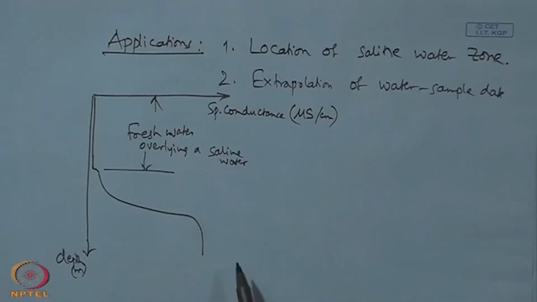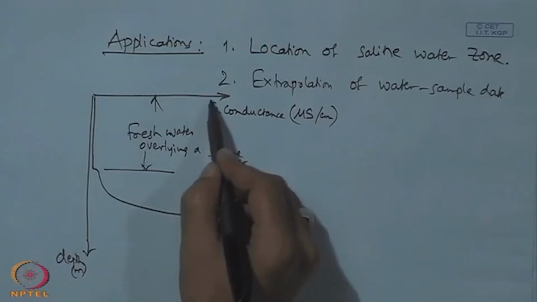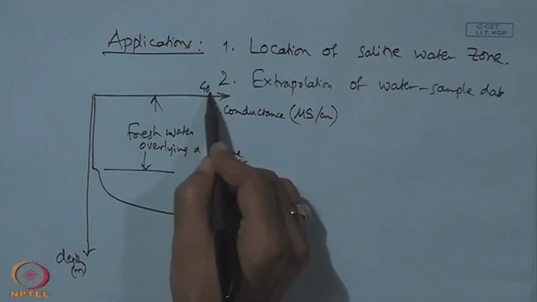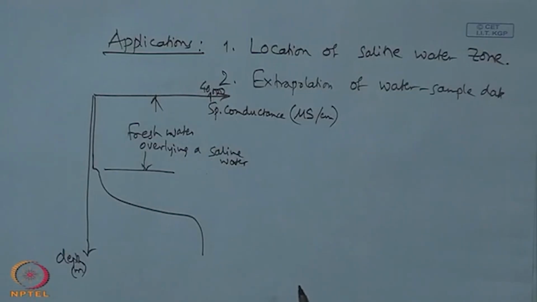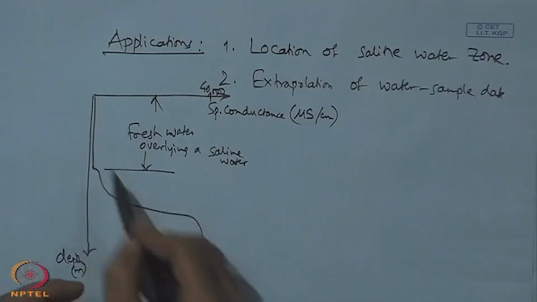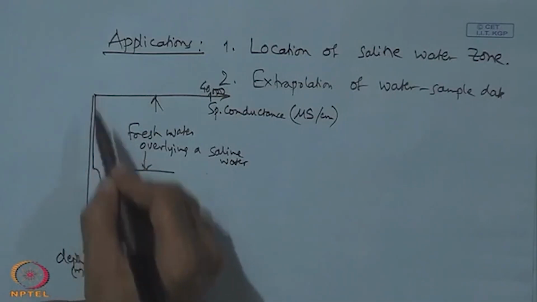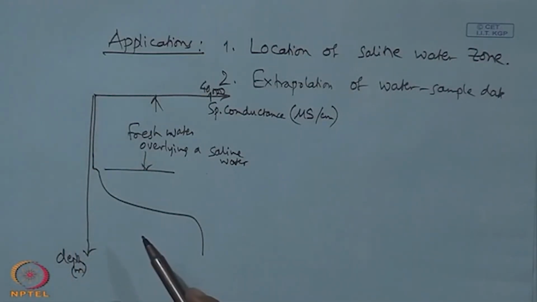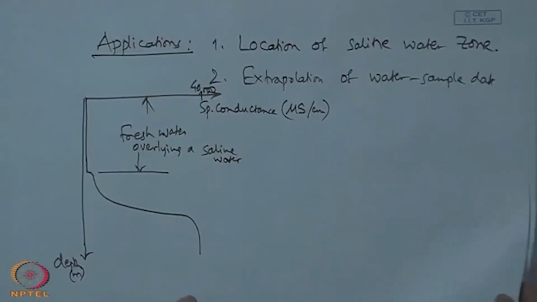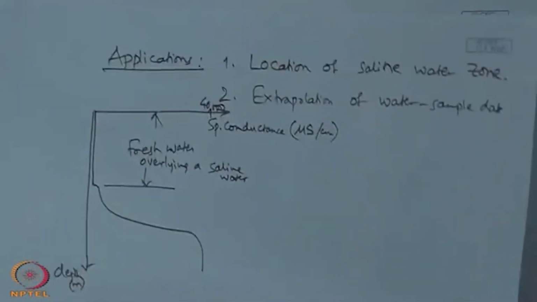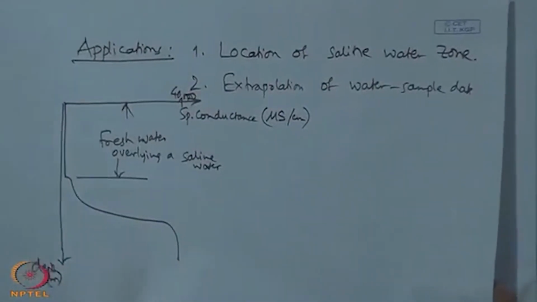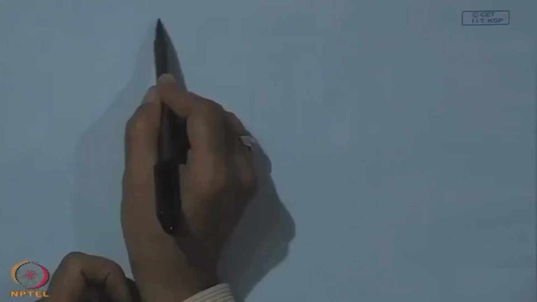Saline water is a good conductor of electricity, so its specific conductivity is much higher, of the order of something like 40,000, whereas fresh water has very low conductivity, maybe around 1,000 microsiemens per centimeter. So, next we will go to fluid velocity logging.